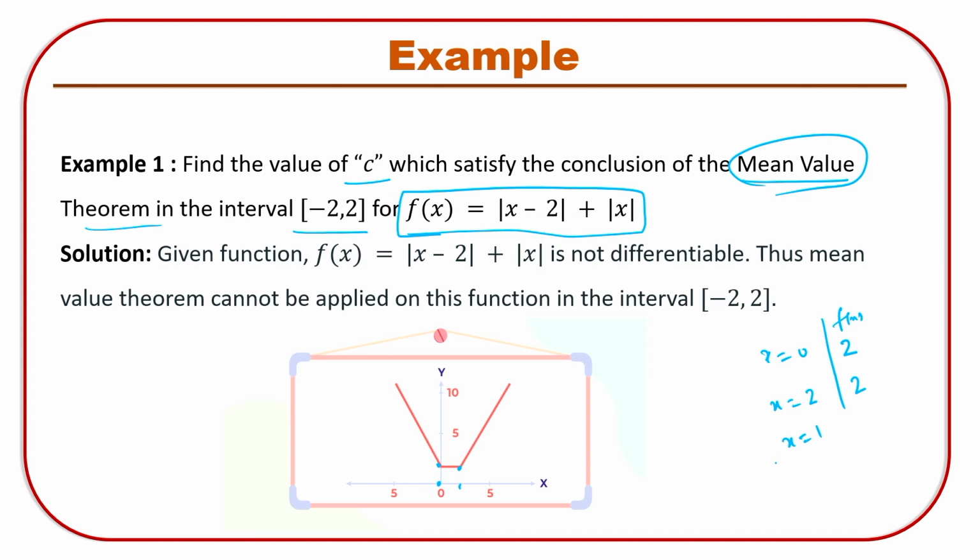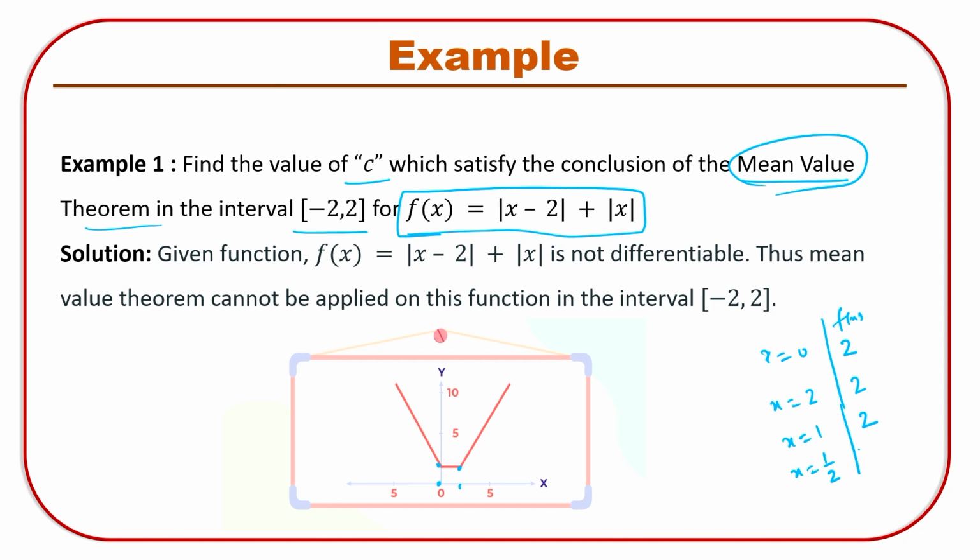Can I calculate x equal to 1? If you calculate this at x equal to 1, it will be 1 - 2 equal to -1, and modulus of that is 1, plus 1 equal to 2. Can you calculate x equal to 1/2? Let me calculate this.